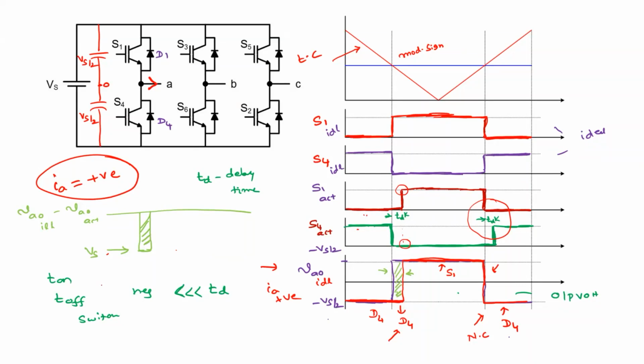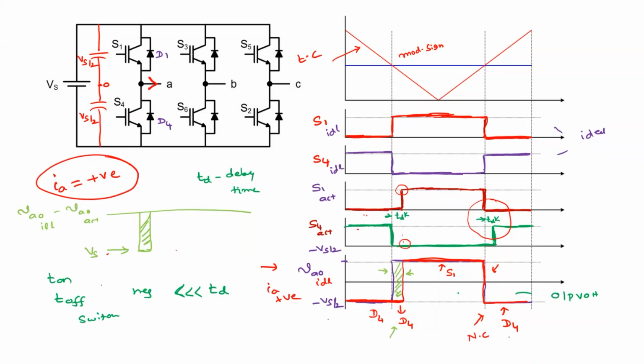Is this clear? First thing to understand: if the diode is already in conduction and the incoming device is a transistor, then if your delay time is there, the diode continues to conduct. In this case both switches are off.